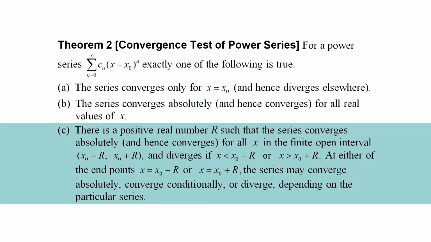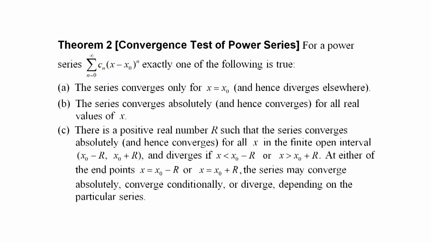Third one, there is a positive real number r such that the series converges absolutely and hence converges for all x in the finite open interval (x naught minus r, x naught plus r), and diverges if x less than x naught minus r or x greater than x naught plus r. At either of the endpoints x equal to x naught minus r or x equal to x naught plus r, the series may converge absolutely, converge conditionally or diverge depending on the particular series.